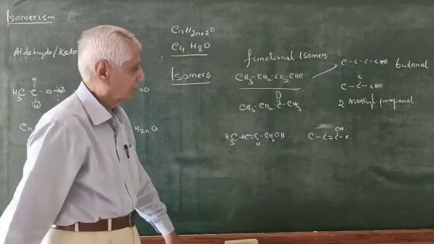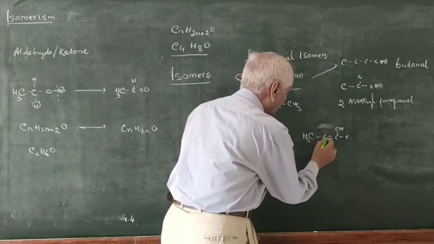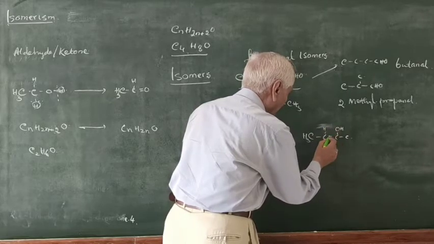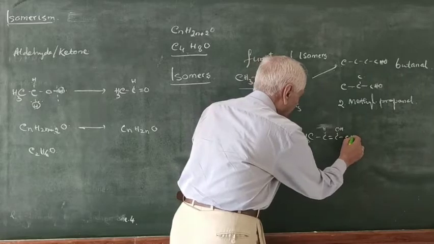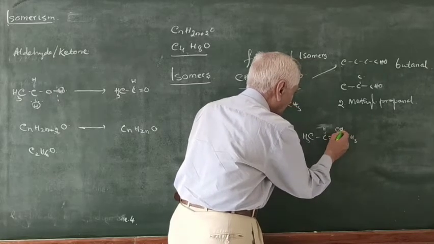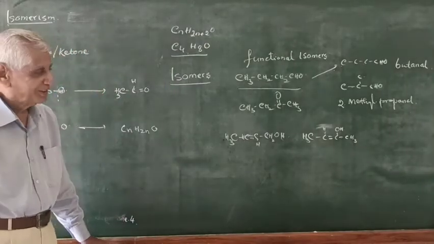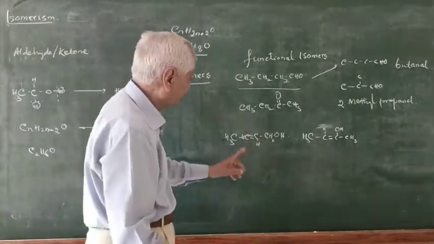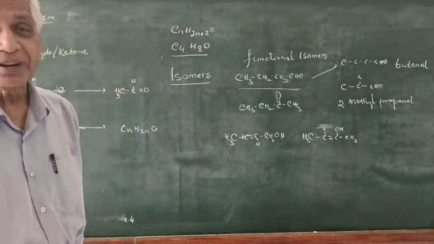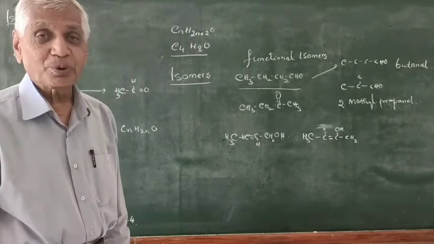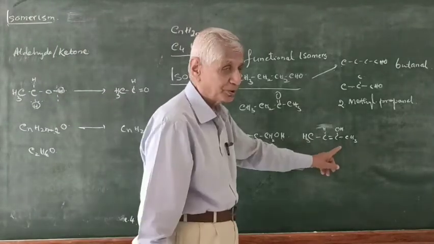So you are getting CH3, CH, double bond, C, OH, CH3. So this is another type of compound. In what way are these compounds different? This is called positional isomer. OH is present on the first carbon, here OH is present on the second carbon.